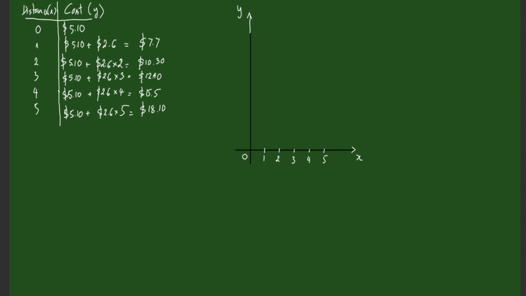But let's do it by 2, so 2, 4, 6, 8, 9, 10, 11. Yeah, let's do it by 2. I think it's more accurate.